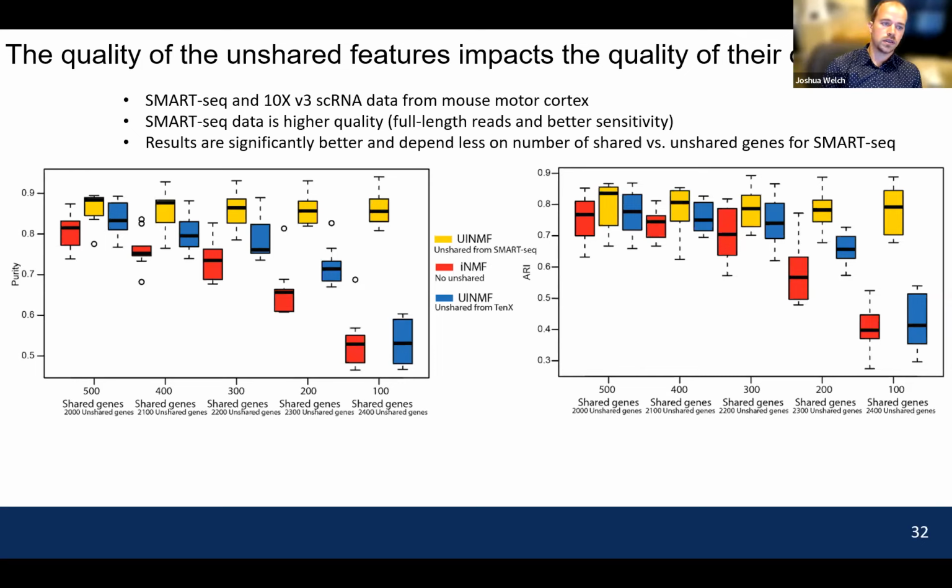And to investigate this, we used 2 different protocols from the same tissue, a SMART-seq data set and a 10x version 3 3' capture data set from the mouse motor cortex.